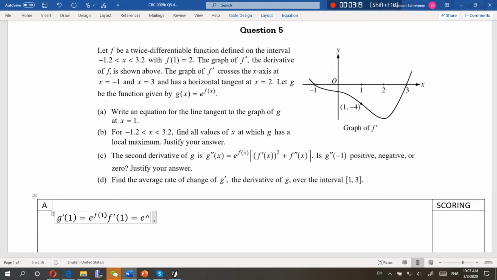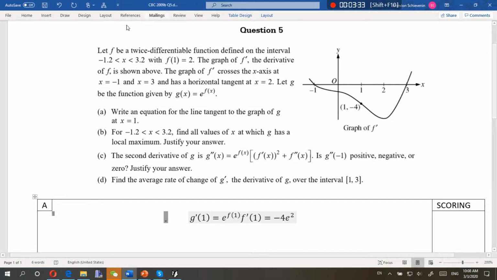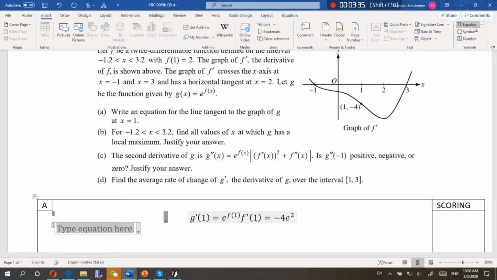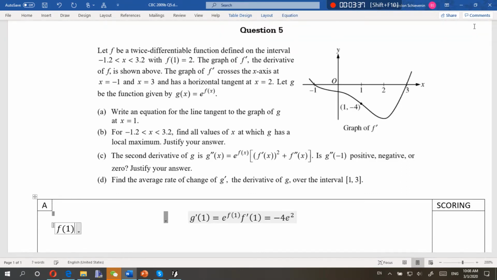I said f of 1 is 2 and f prime of 1 was -4. Okay, so that makes g at 1 equal to e raised to the f at 1, or e squared.